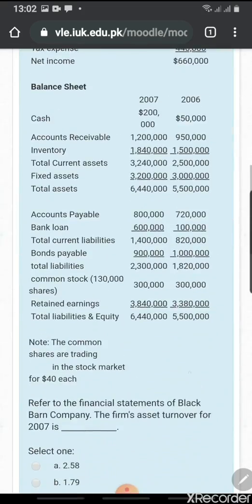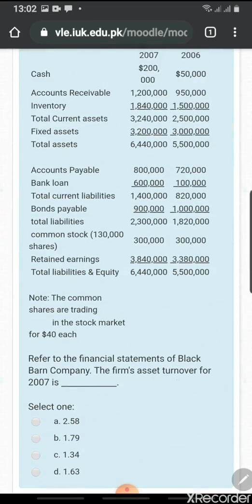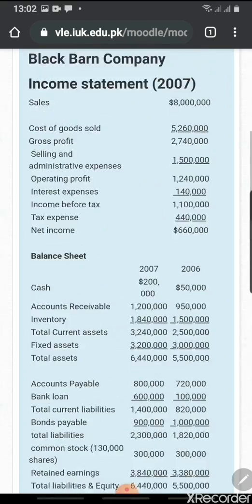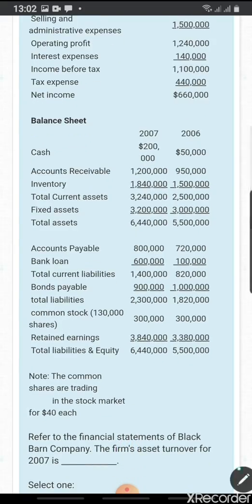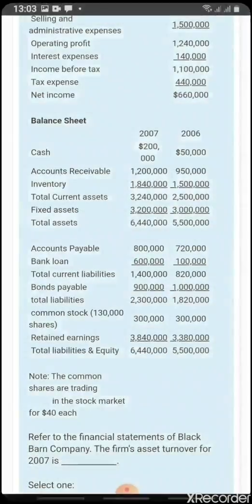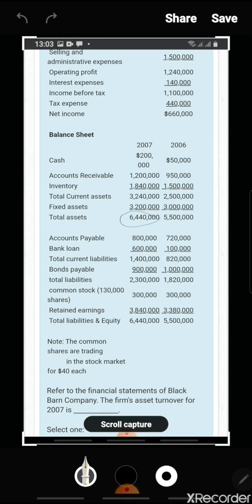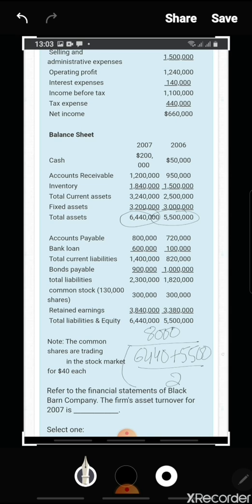In the next question, you are supposed to calculate the firm's asset turnover. So asset turnover means total asset turnover. Sales is 8 million and the total assets that we have are, so this will be 8 million, which is the sales, divided by 6440 plus 5500 divided by 2.